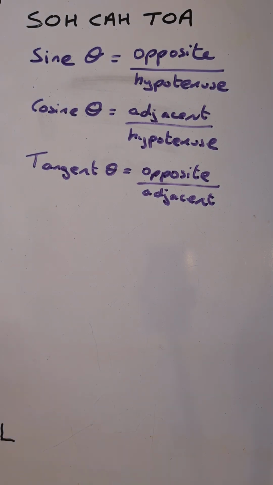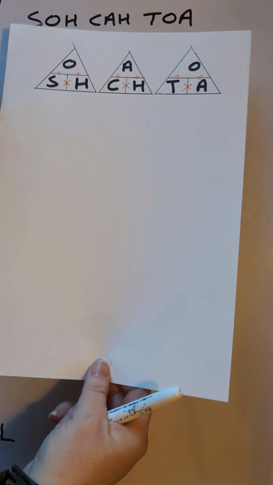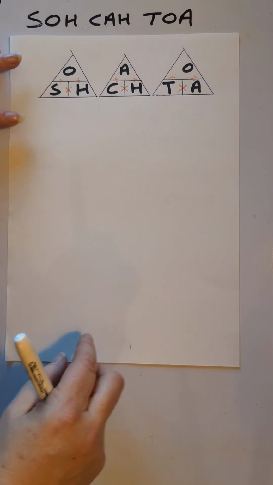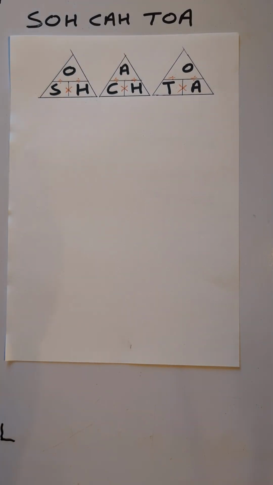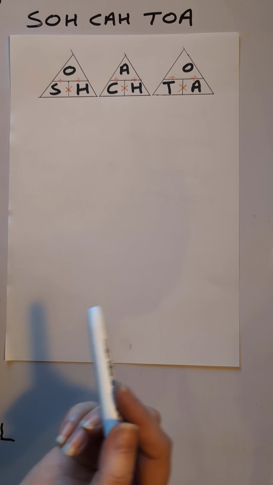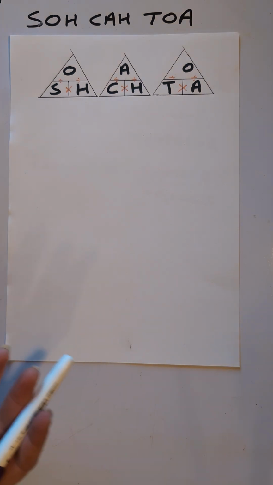Now, hopefully you've had a look through some of the previous materials and you may have seen this set of triangles. These are known as the trigonometry pyramids. These are for right-angled triangles only at this point, remember, because you don't have a hypotenuse if you don't have a right angle.